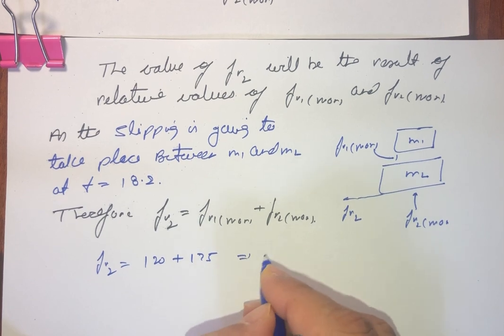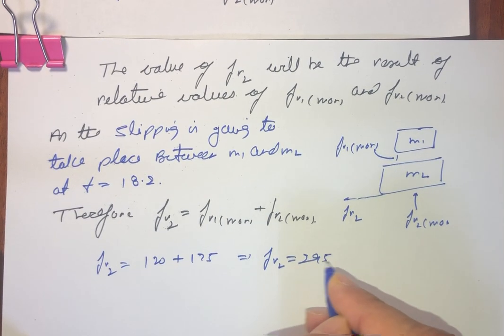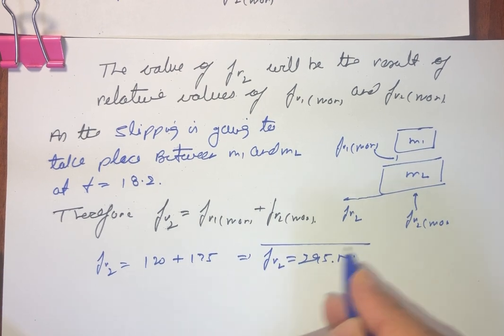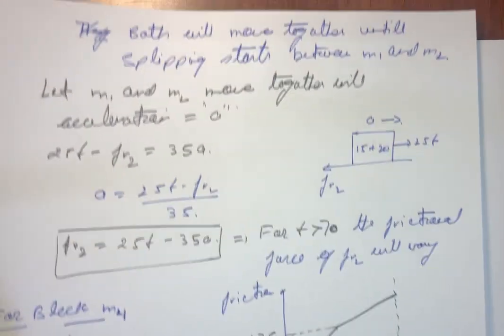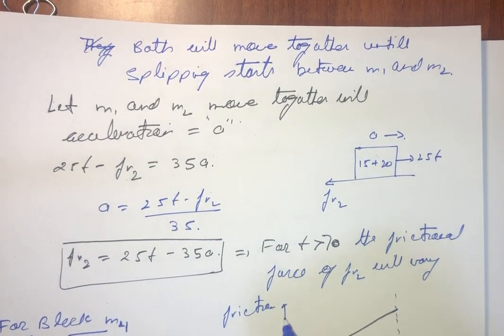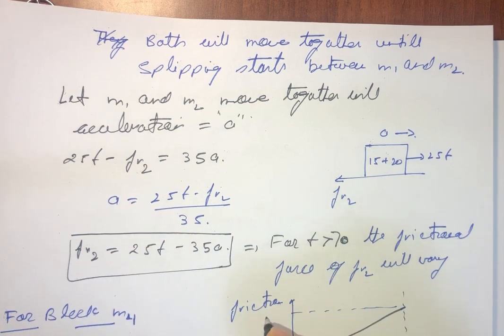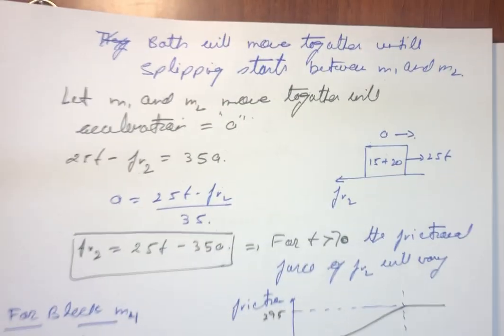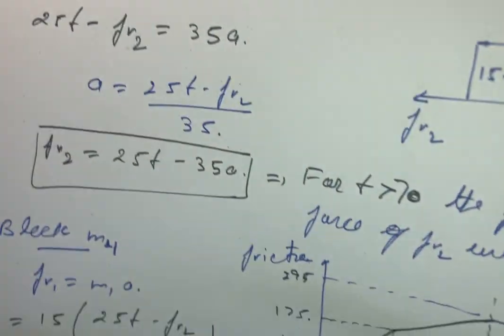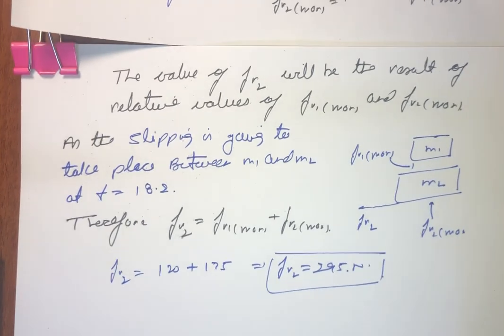From here we can say that our FR2 will be coming as 295 newtons. So this will be our 295 like this. Okay. So this completes the graph. Let me draw it here once again, sorry.